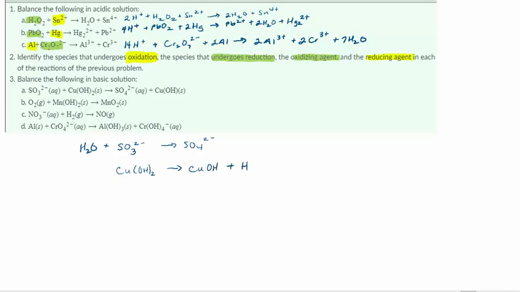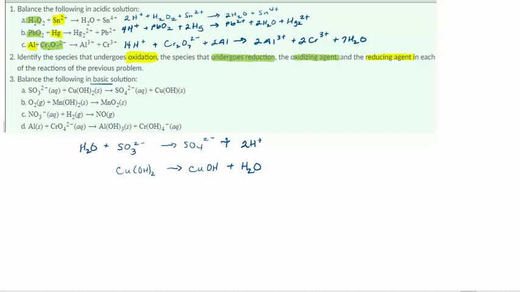Now we balance our hydrogens by adding our hydrogen ions. Now I know this says a basic solution, but I'm going to take you through the acidic balancing and then make it basic. I think that's a better exercise. So I'm going to count. I have 2 hydrogens on this side. I have 3 on this side.